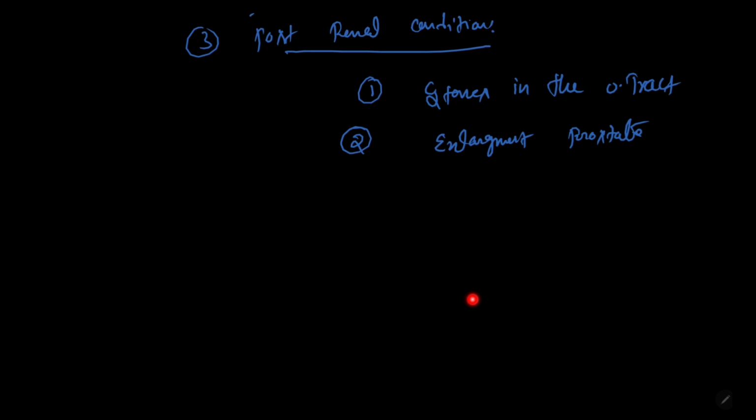That will compress the urinary tract, and again more urea will be reabsorbed from the renal tubules. Any tumors also: if tumors are there, they will compress the flow and the same thing will happen, with more urea reabsorbed and elevated blood urea concentration.